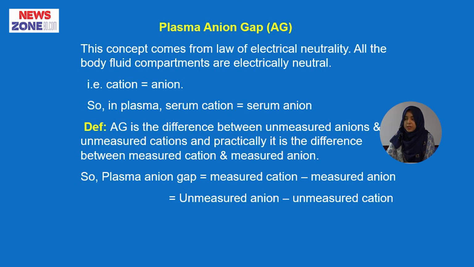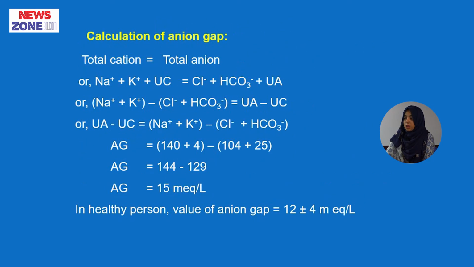The definition of anion gap is the difference between unmeasured anion and unmeasured cations, but practically we measure the difference between measured cation and measured anion. So, plasma anion gap is the difference between measured cation and measured anion. From calculation we know the plasma anion gap is 12 plus minus 4 milliequivalent per liter.